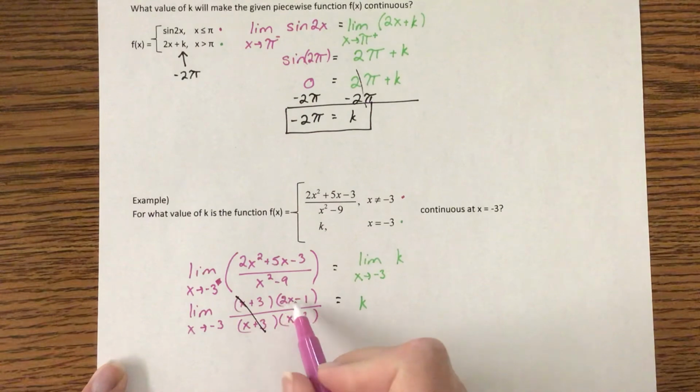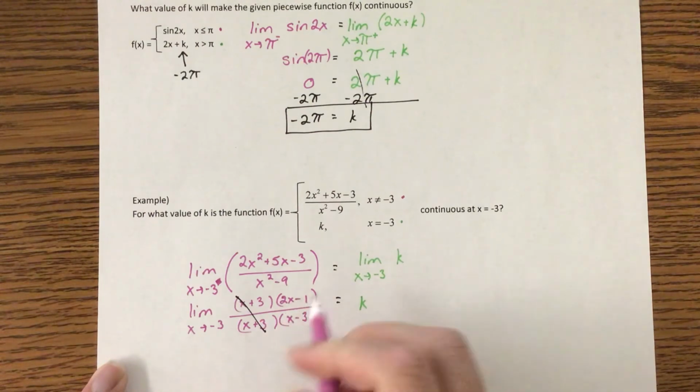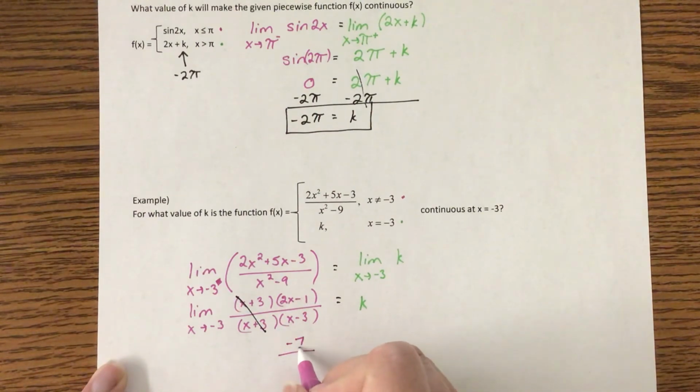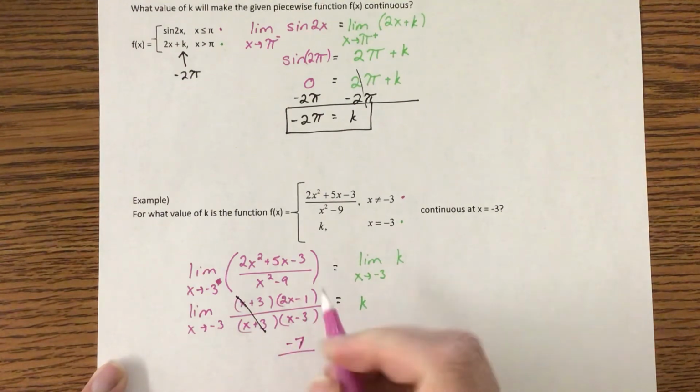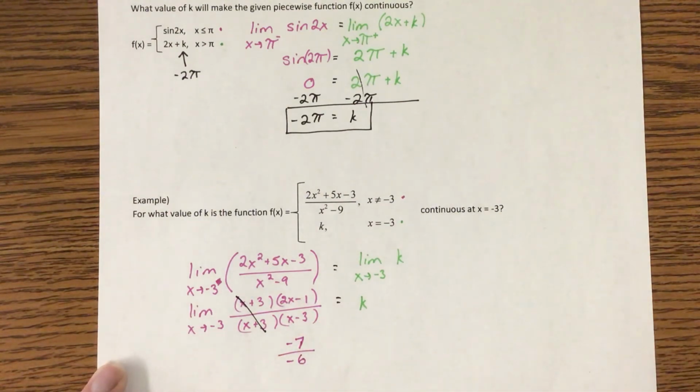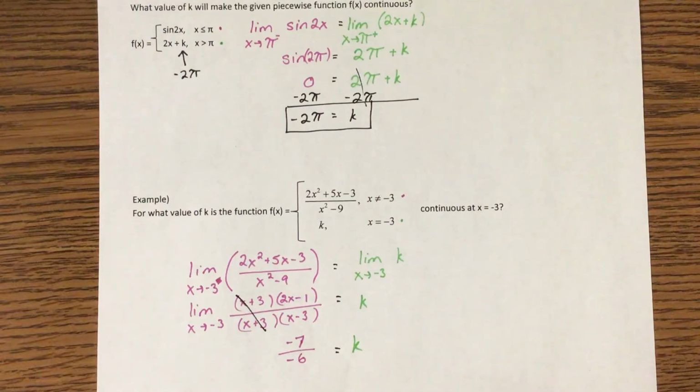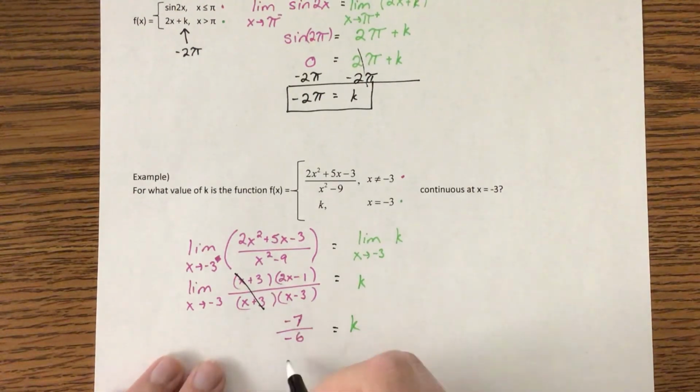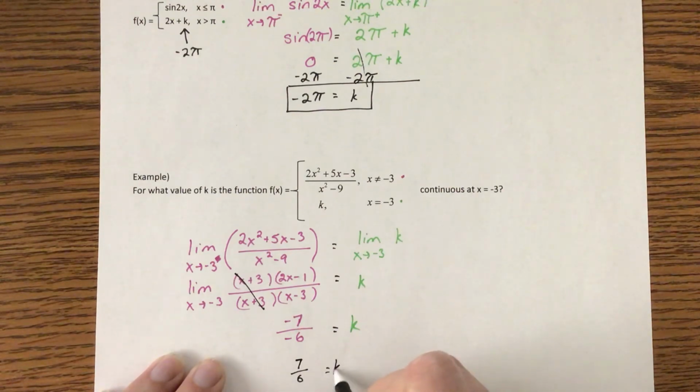So on top, 2 times negative 3, negative 6 minus 1 is negative 7. On the bottom, negative 3 minus 3 is negative 6. Okay, there's nothing to do on the right side, so just bring it down. And we can simplify this slightly, so not negative, positive 7 over 6 is going to equal k.